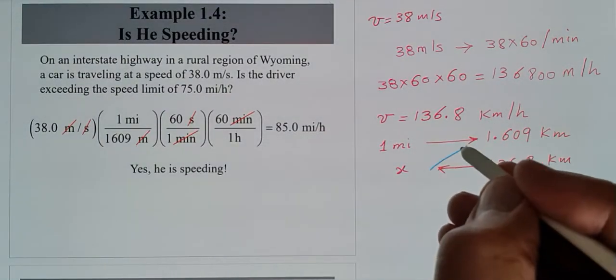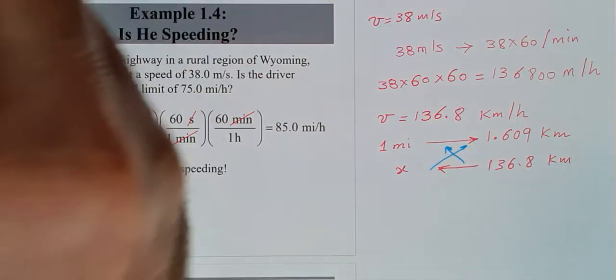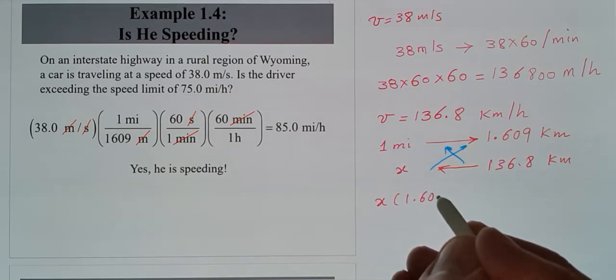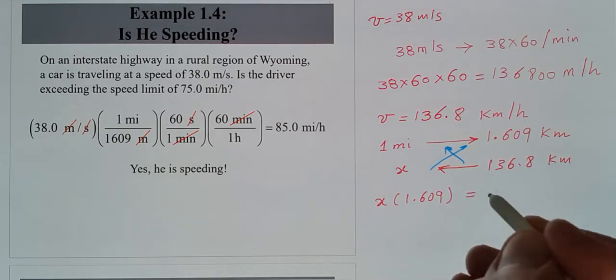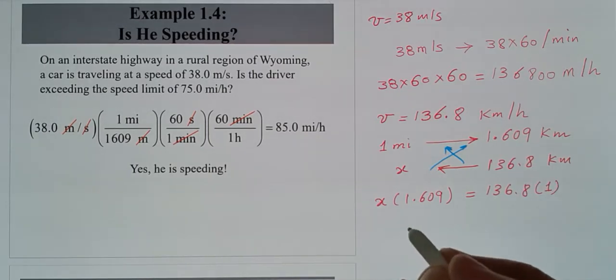We do our multiplication: x multiplied by 1.609 is equal to 136.8 multiplied by 1.